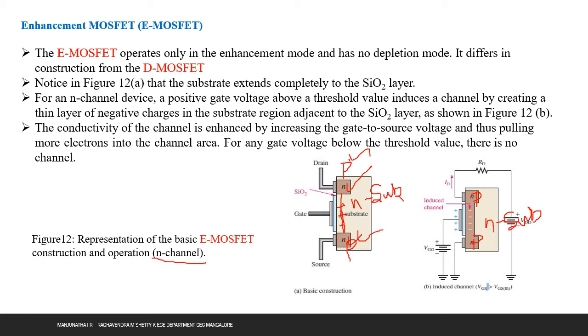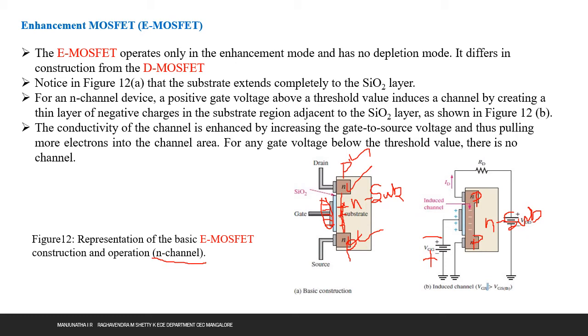Here at this side we want to create positive charges. In the sense, on the other side we should have negative charges. And how will these negative charges be accumulated here? Because of negative VGG.